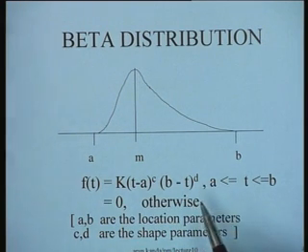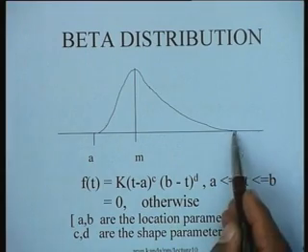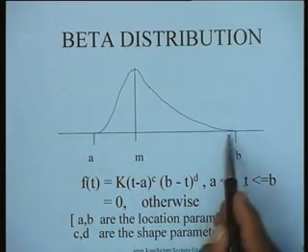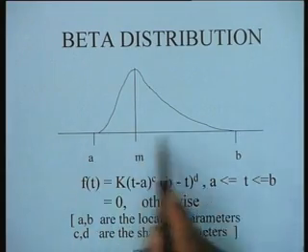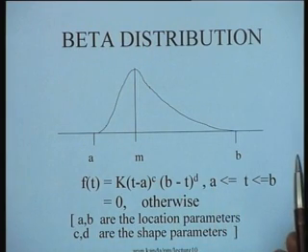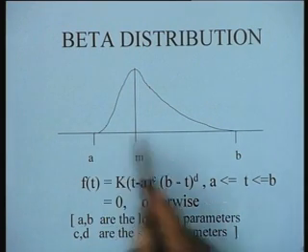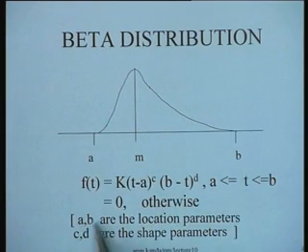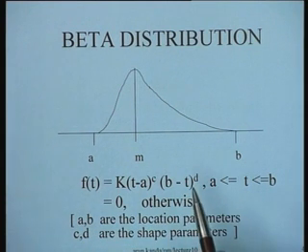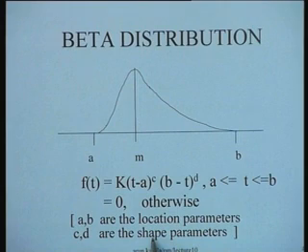Notice that in the beta distribution that we have here, A and B are referred to as the location parameters. The reason for doing this is that these two parameters determine where the distribution is located on the time axis. So it's between A and B. That's why these are very legitimately known as the location parameters. And C and D are the shape parameters.